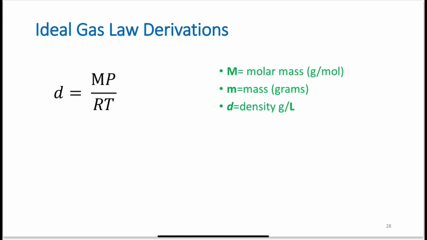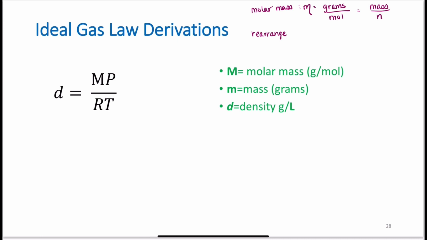So we know molar mass, which I represent with that scripted M, is grams per mole. We're going to rearrange this equation. And this is also, we can say mass per n, because n represents number of moles.